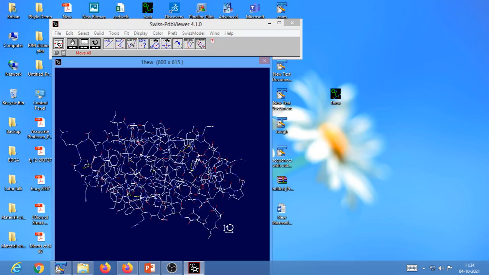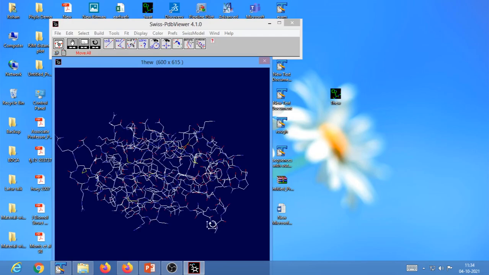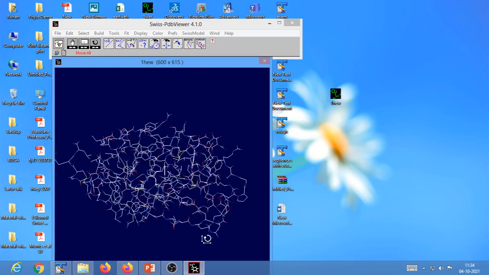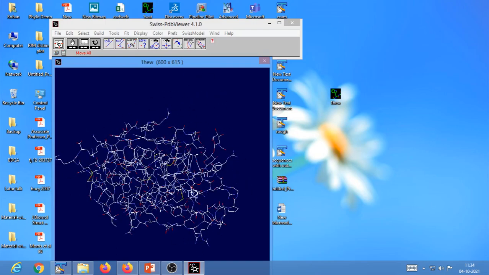We would be doing a lot on visualization, but today's objective is to understand how this data is arranged in the PDB file, and how the data from the PDB file is interpreted by this software to generate such a three-dimensional model.